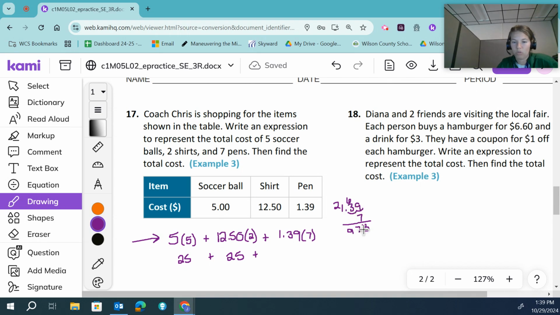Move my decimal 2 places, 1, 2. I get $9.73. 25 plus 25 is 50. 50 plus 9.73 is going to be $59.73. And I'll let you try number 18 on your own. Write your expression and then find the total cost.